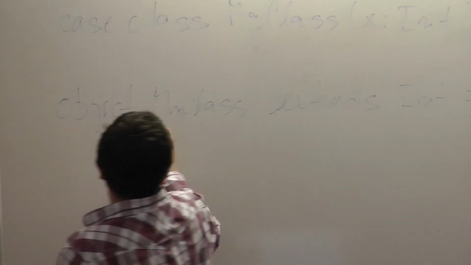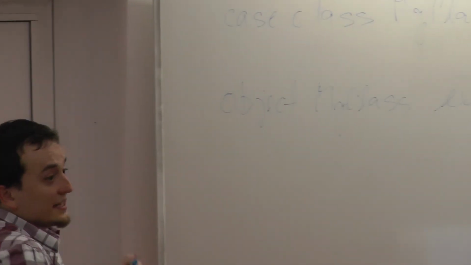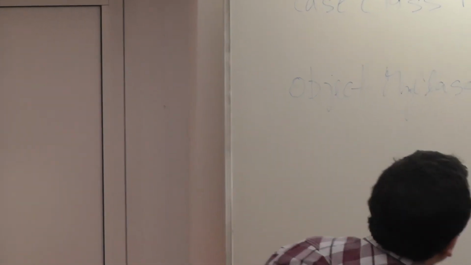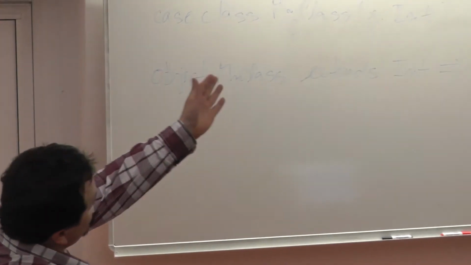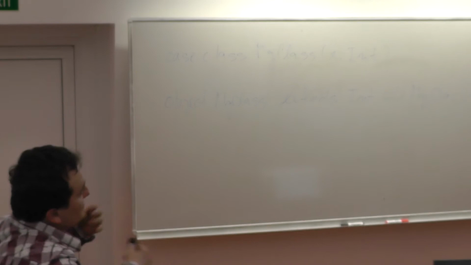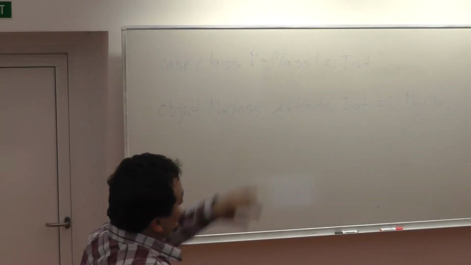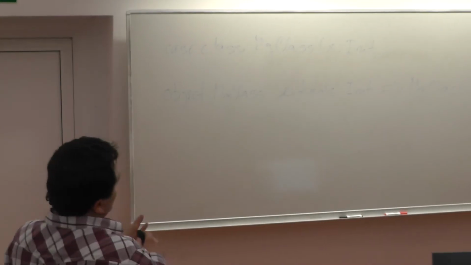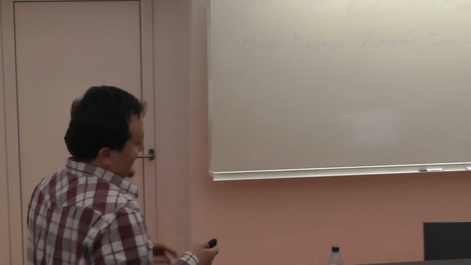So the MyClass companion object is a function. So you can use it conceptually the same way as the constructor reference in Java 8, but it's something very different.